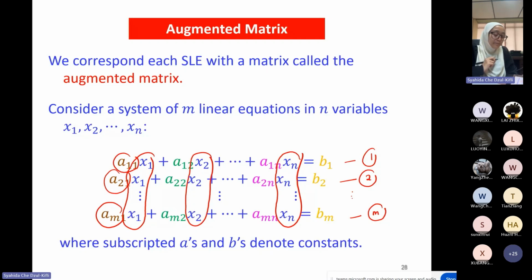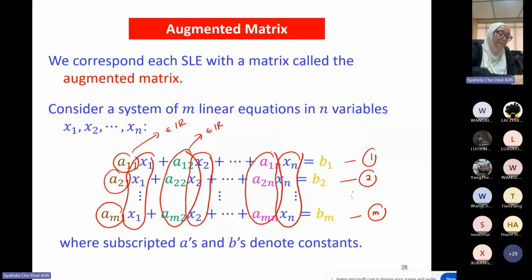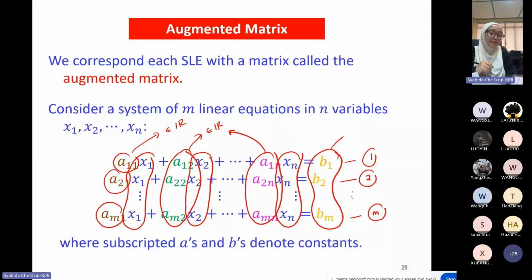The coefficients are real numbers. So this is in R, this also in R, this also in R. And the numbers on the right are all real numbers too.